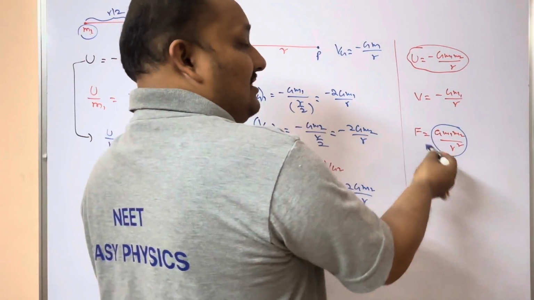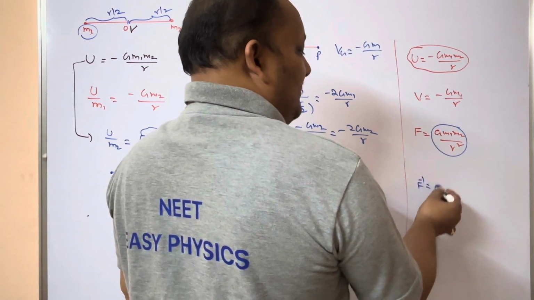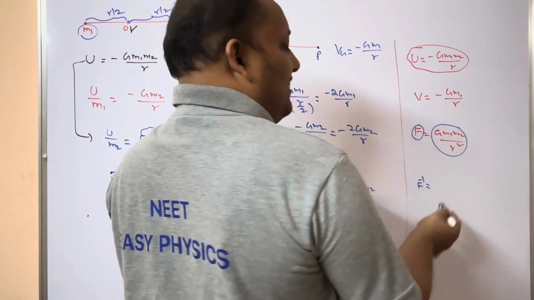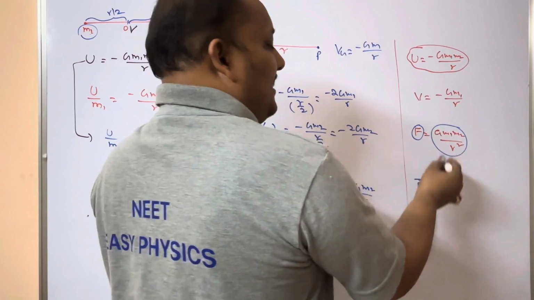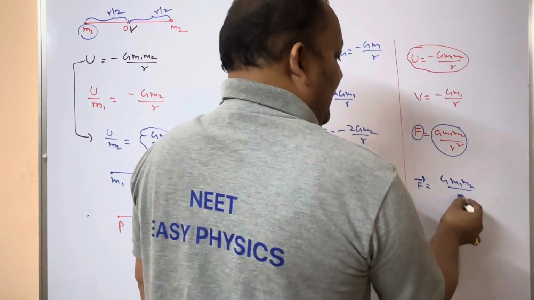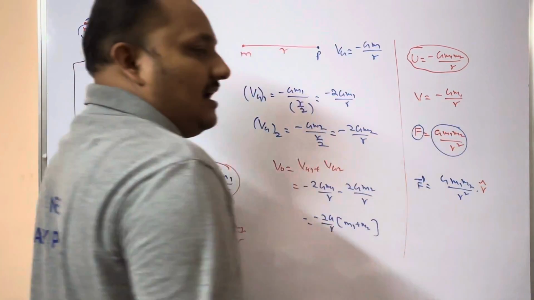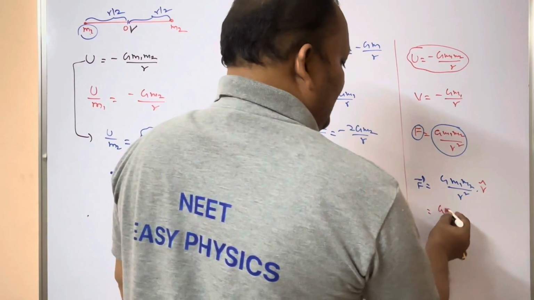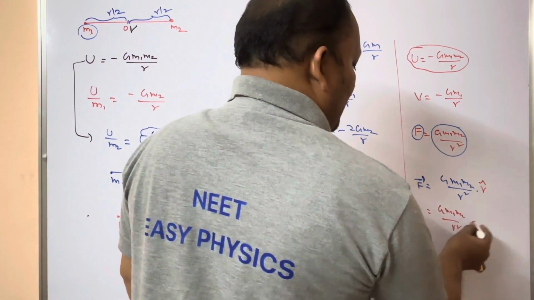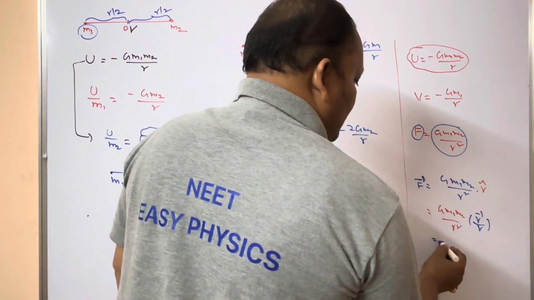So this gravitational force they will ask in vector notation. In vector notation, every scalar can be converted into a vector by multiplying by a unit vector. What is that unit vector? R cap. The unit vector definition is R bar by r.